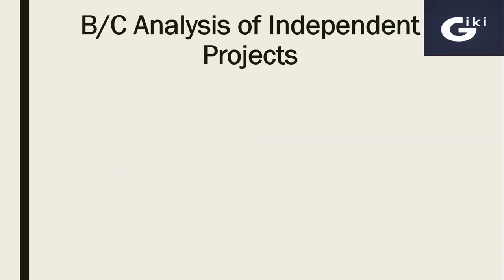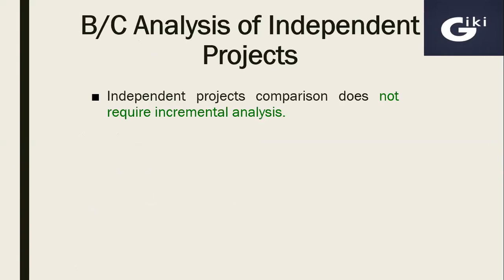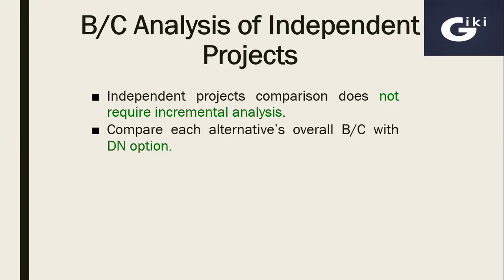Now let's go through the incremental B over C analysis of independent projects. Independent project comparison doesn't require incremental analysis because in the case of independent projects, we can select any number of projects subject to the availability of funds.